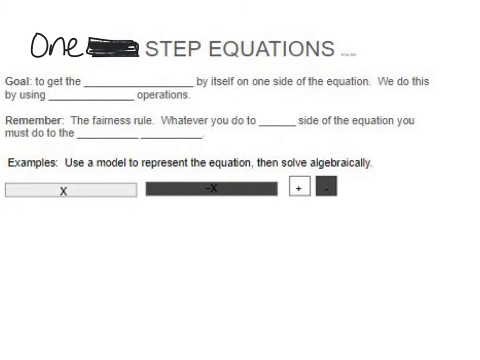They're adding and subtracting because all you're doing is adding to undo or subtracting to undo. So the goal is to get the variable by itself on one side of the equation. We do this by using inverse operations. An inverse operation is just the opposite operation.